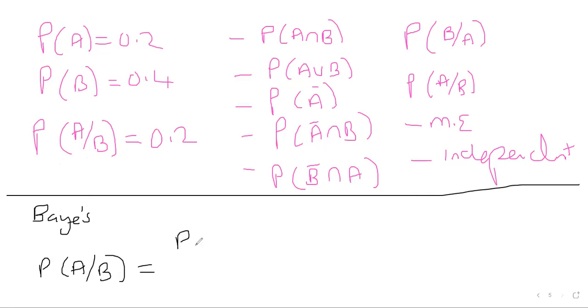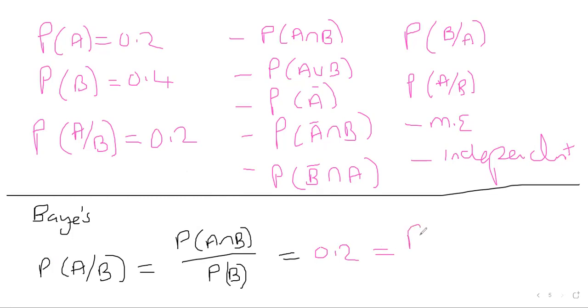It will be the probability of A intersection B, because these are the only two letters that we have, and this guy who's down there, we bring him down there, so the probability of B. At least with this, you get your mark for the method. Then we substitute. Where there's A given B, we have 0.2, so we now put our 0.2 here.